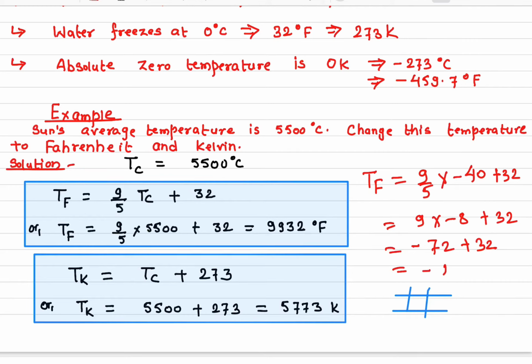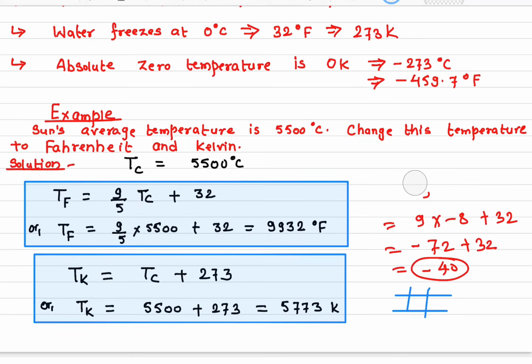If you do the math, you get minus 40. That means at minus 40 degrees Celsius and minus 40 degrees Fahrenheit refer to exactly the same temperature.